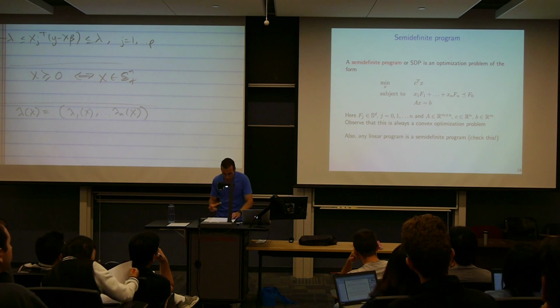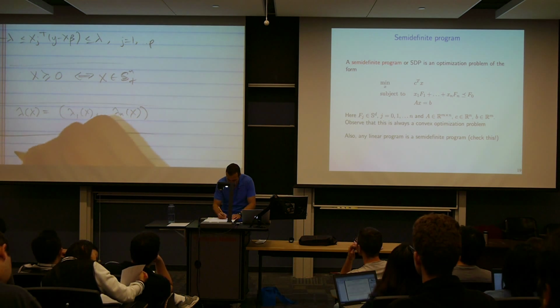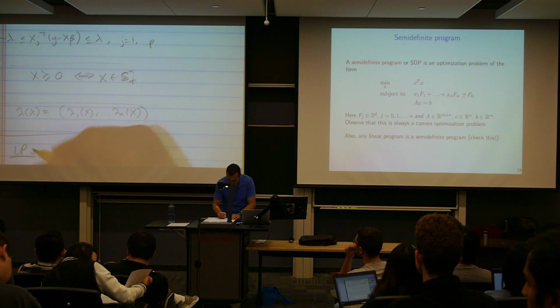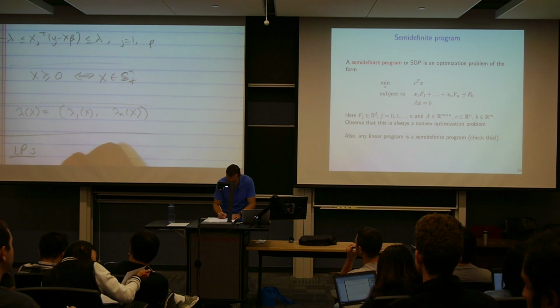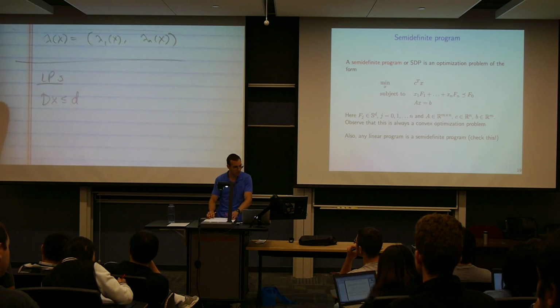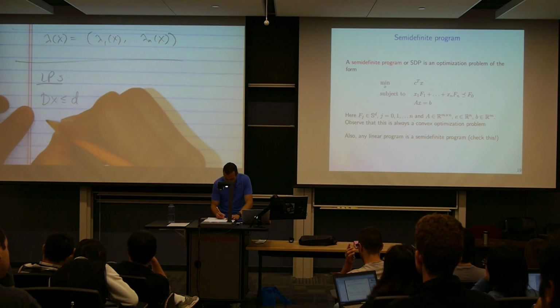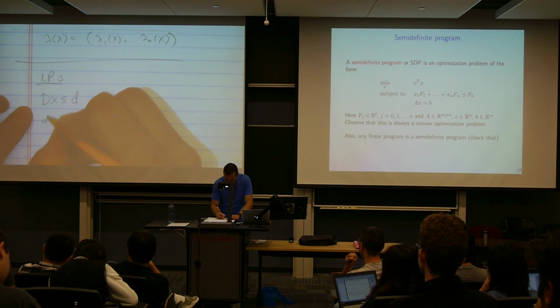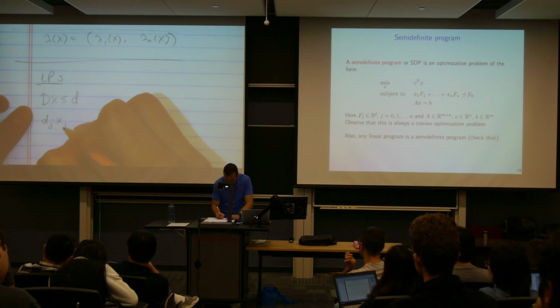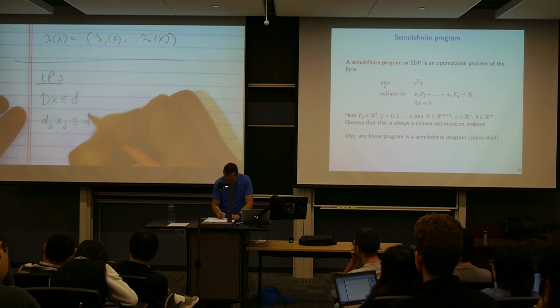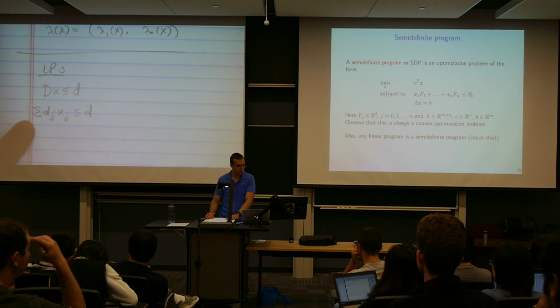So for linear programs, for the LP world, we had this constraint, right? And if I write the columns of D as, let's say, dj, then this is what I've asked for equivalently.